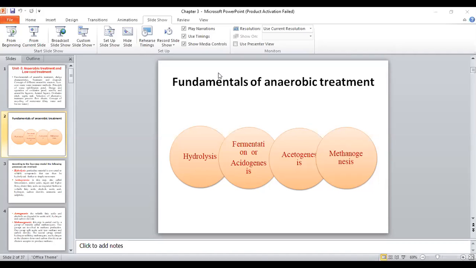There are 4 stages involved in the anaerobic digestion, and the first one is the hydrolysis process. In the hydrolysis process, what happens? The particular material involved, complex compounds, are being converted into simple forms of compounds, or hydrolyzed in the first step.